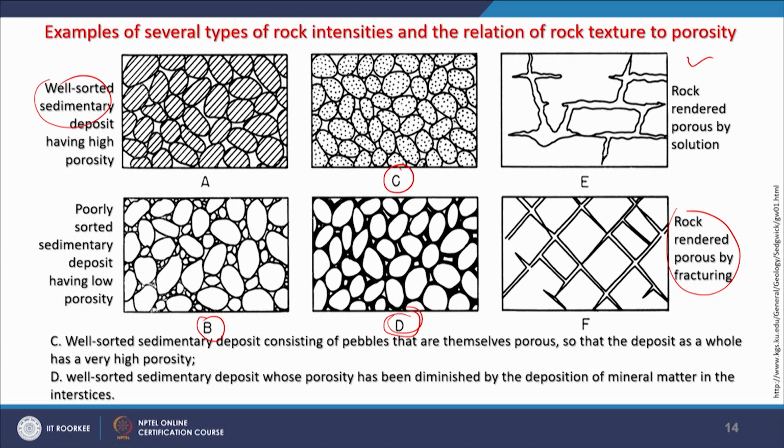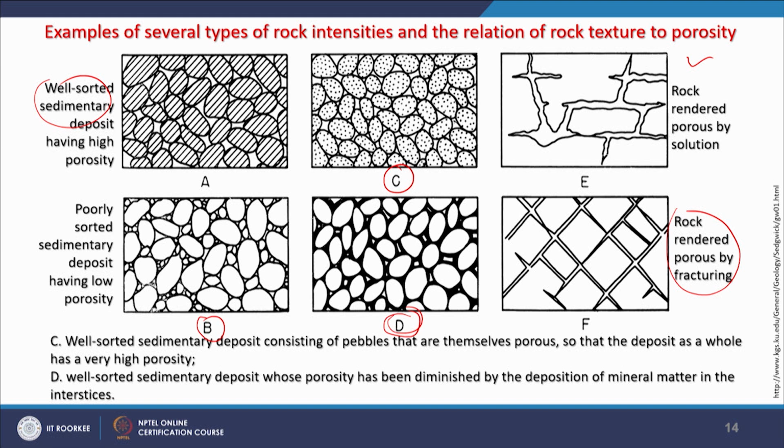So, these are six examples of six different types of scenario, but in nature many such scenarios can happen. The important point here, as we have discussed, is that porosity will depend on the type of rock, sorting of rock, grain size, and interspaces, cementation, degree of cementation, all those things.